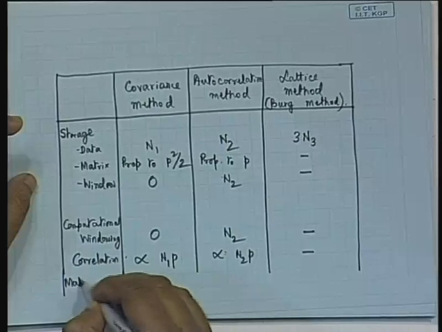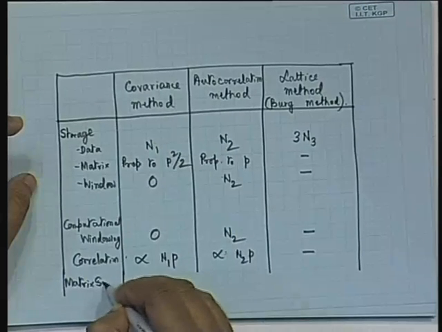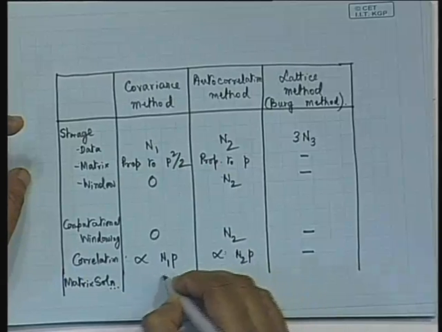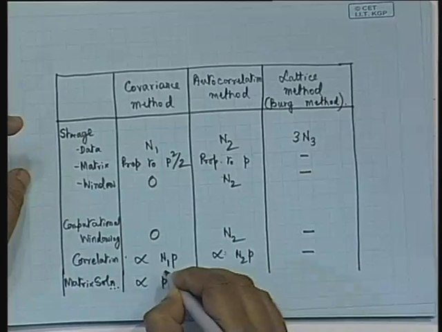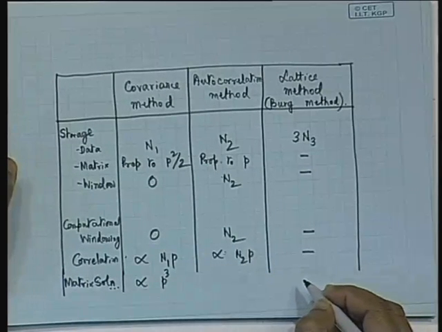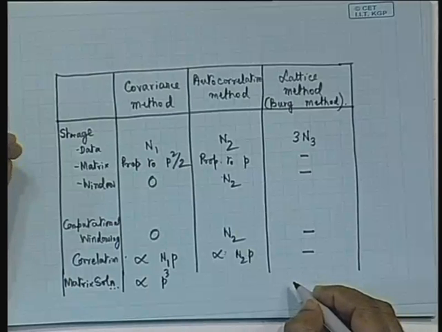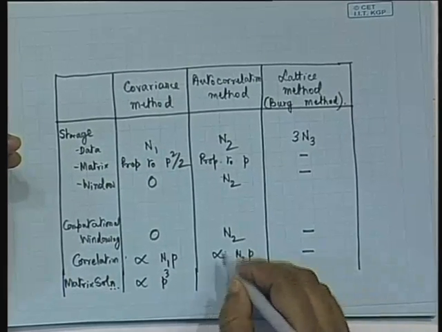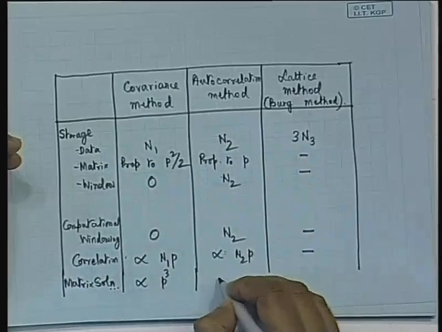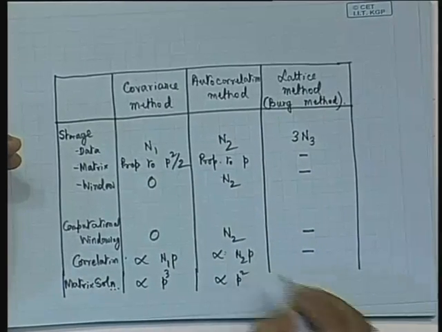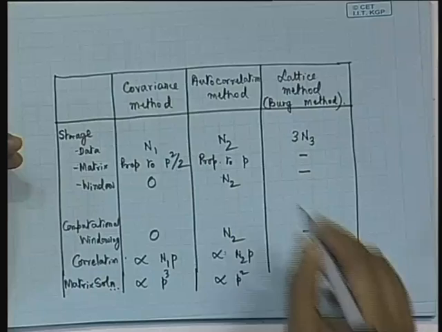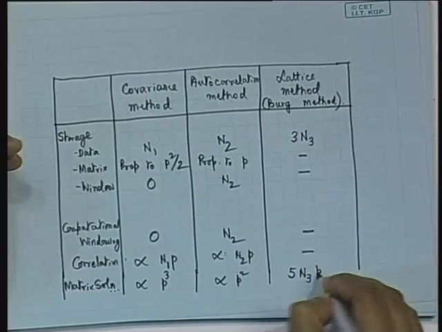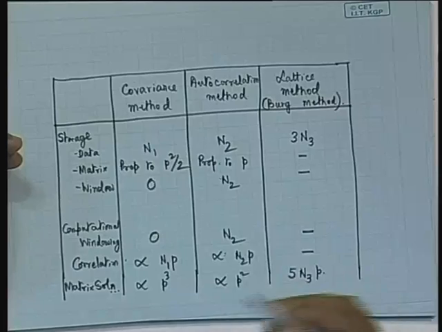But for the matrix solution, that means the matrix inversion, the covariance method is proportional to P cubed, very heavy computational burden, whereas the autocorrelation method is proportional to P squared, and the lattice method has 5 N3 times P. In fact, this follows from the algorithm.